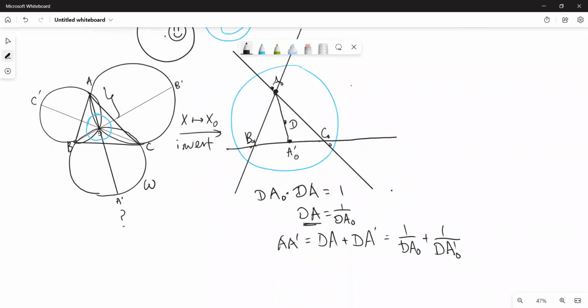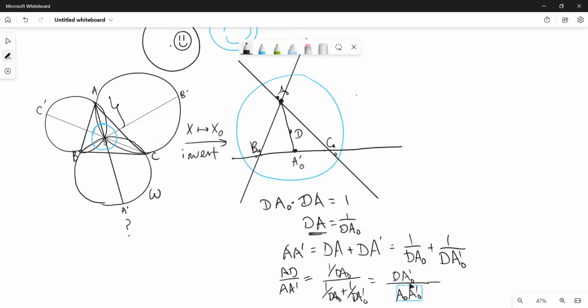Okay. So the final question, what's AD over AA prime? It's going to be 1 over dA naught over 1 over dA naught plus 1 over dA prime naught, and that is dA naught prime over dA naught prime plus dA naught, which is A naught prime.